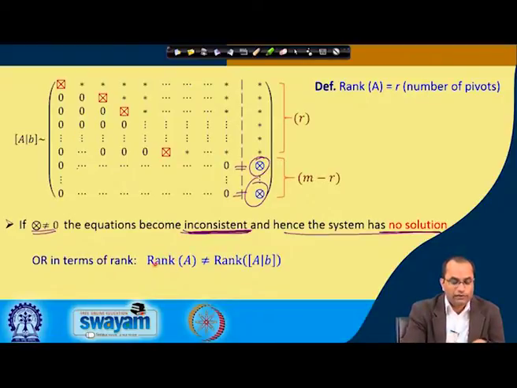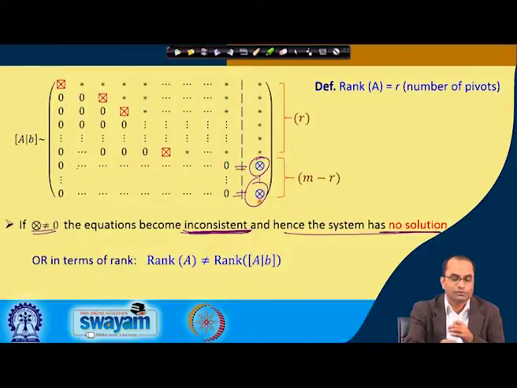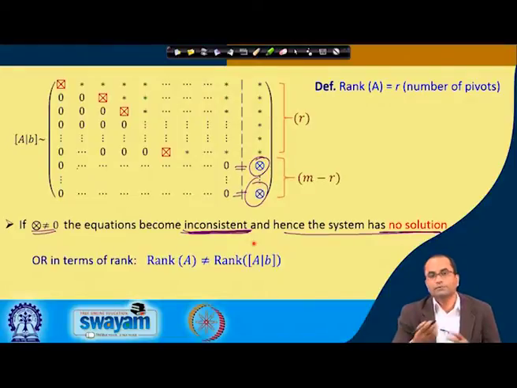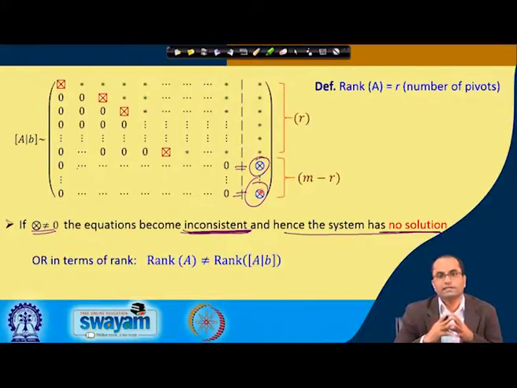So, if the rank of A and the rank of the augmented matrix are different, then the system is inconsistent, and this happens exactly when we have something non-zero corresponding to the 0 rows. Then there will be a pivot element in the last column as well, or in other words, we have a pivot in the last column, and this is exactly the case of inconsistency.